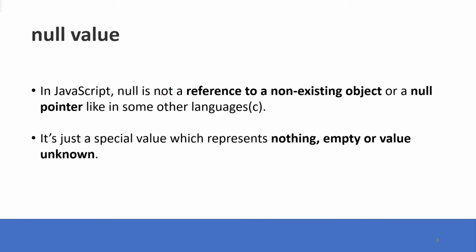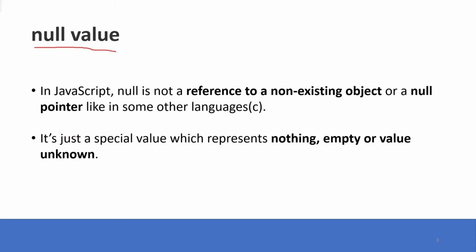Null is itself a data type. In JavaScript, null is not a reference to a non-existing object or a null pointer like in some other languages. Like in C and C++, you would see a pointer being null. That means the pointer is not pointing to any address. In JavaScript, it is not that. It is a complete data type. It's a special value which represents nothing, empty, or a value which is unknown.